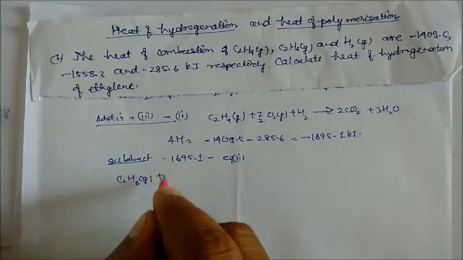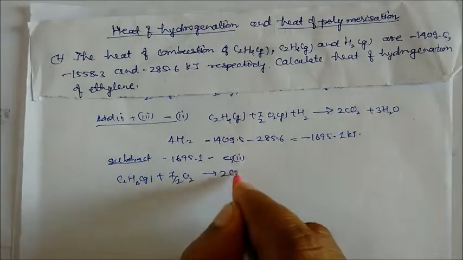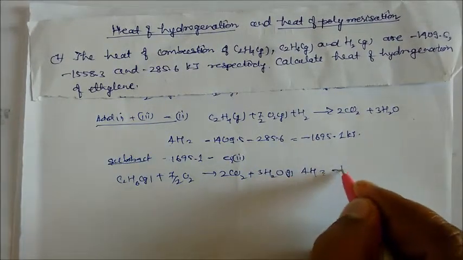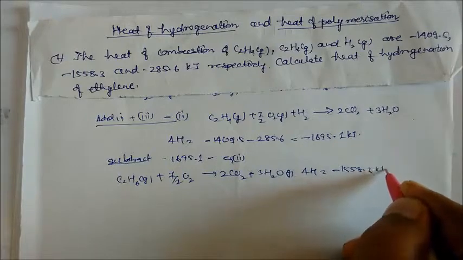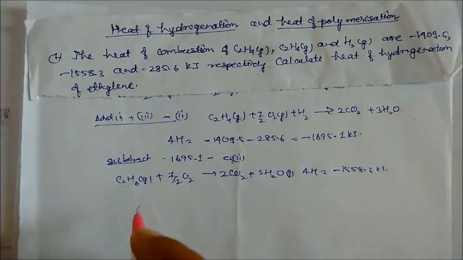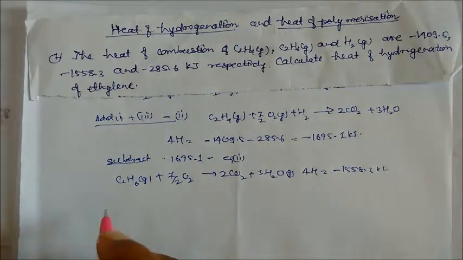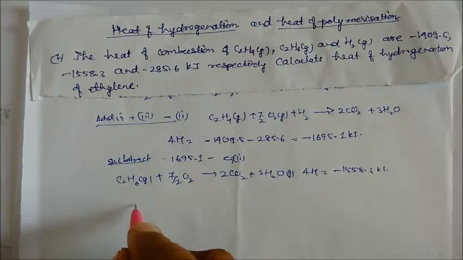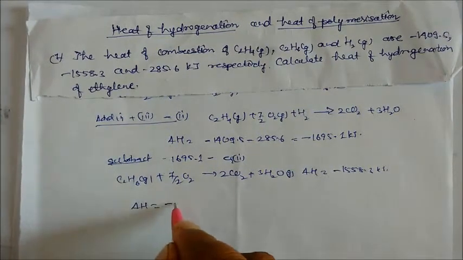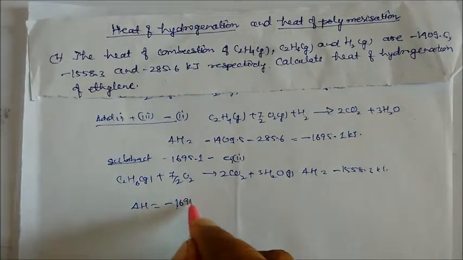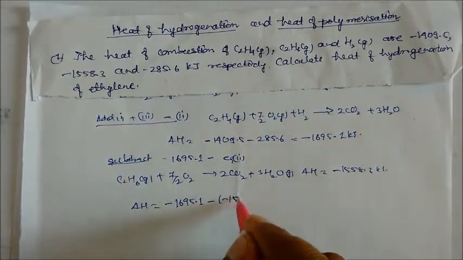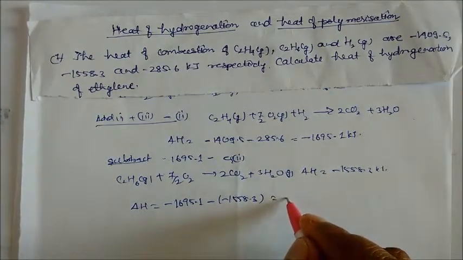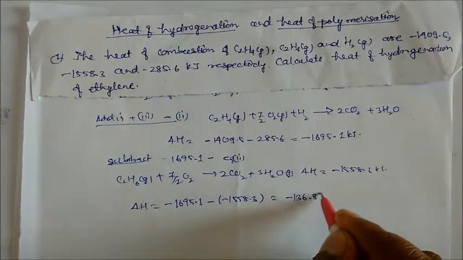C2H6 plus 7/2 oxygen gives 2 CO2 plus 3 molecules of water. Here delta H is minus 1558.3 kilojoule. On subtracting this value, on solving, the delta H will be 1695.1 minus 1558.3, so we get the value minus 136.8 kilojoule.